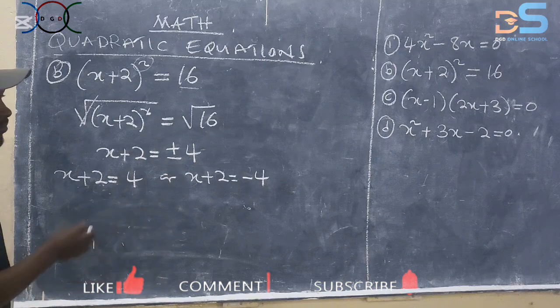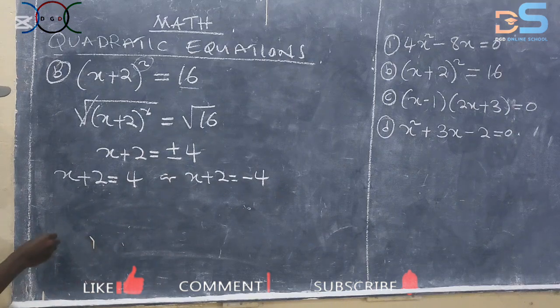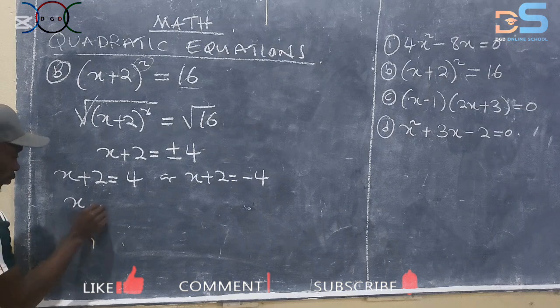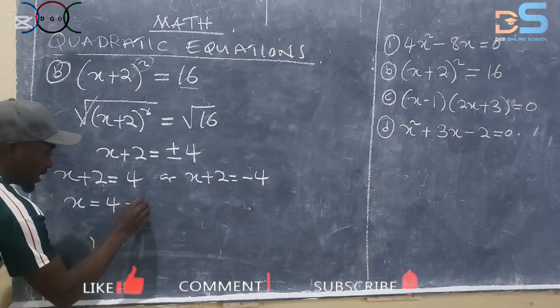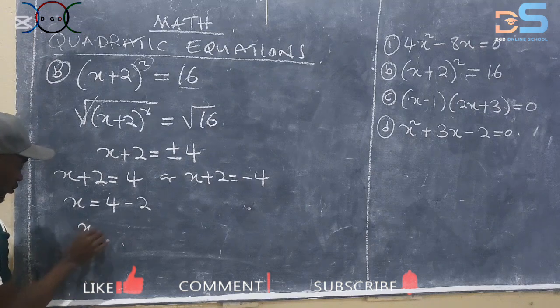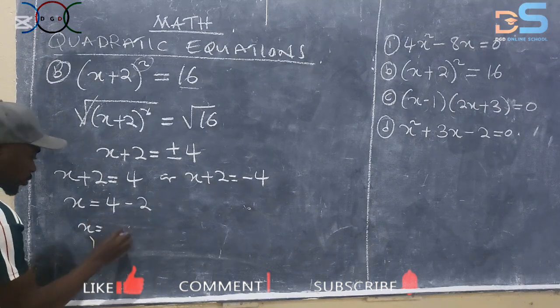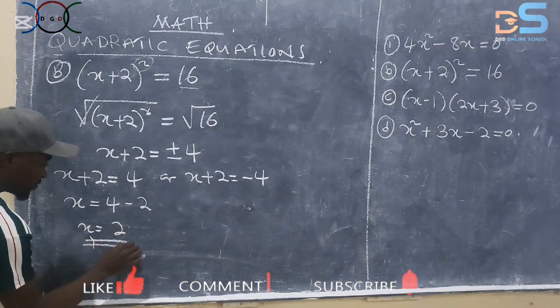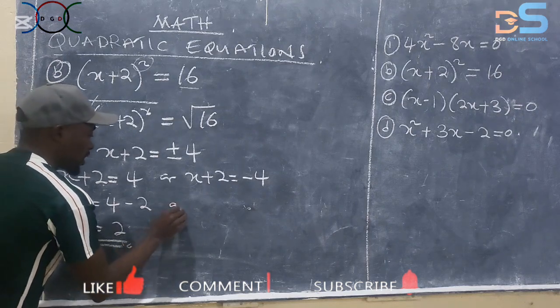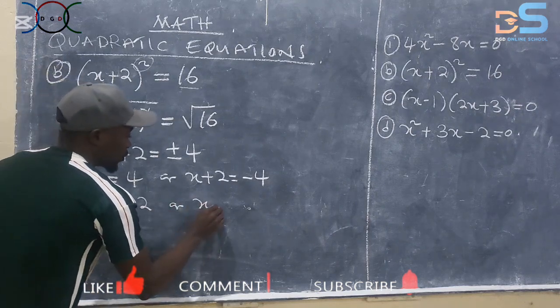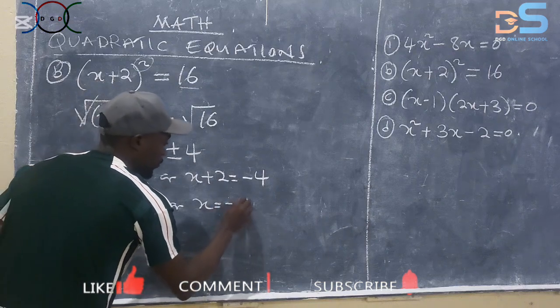Then we solve them separately. We start with this part: our x will be equivalent to 4, and when the 2 crosses the equal sign it becomes minus 2. So our x will be equivalent to 4 minus 2, we get 2. So the first value for x is 2.